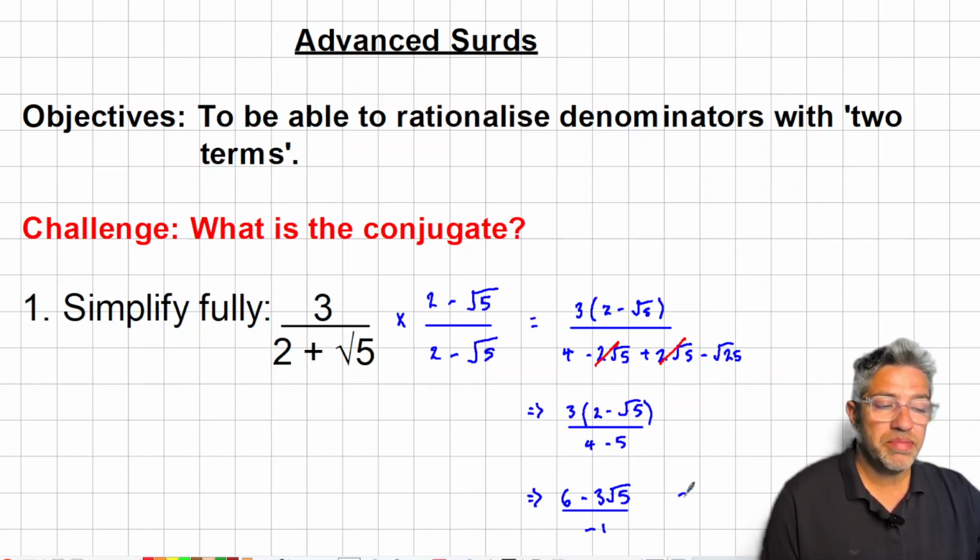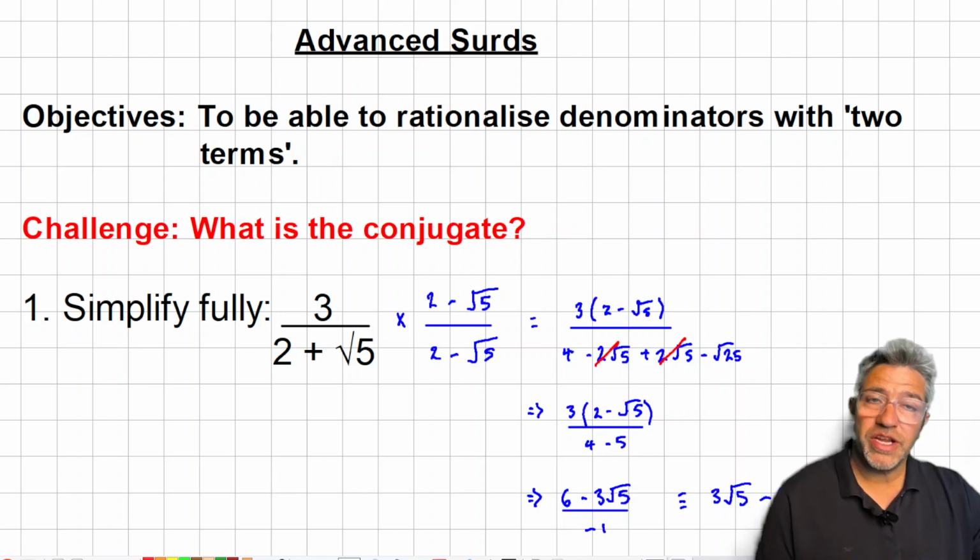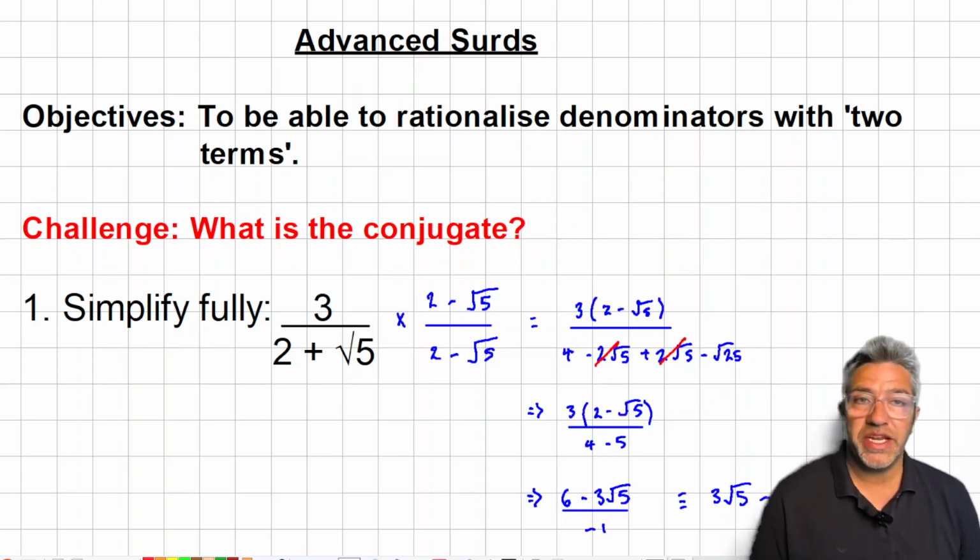And that then simplifies, because we're dividing through by negative 1, to 3 root 5 subtract 6. Now, straight away you can see this is far more advanced work on surds than perhaps we've covered in other videos. So please, if you do need extra help, be sure to check out some of the other videos on this topic.